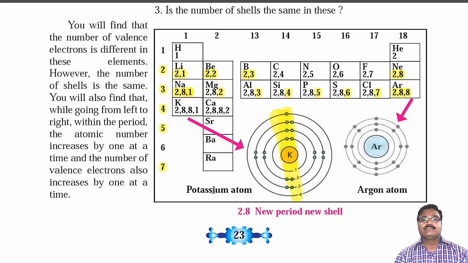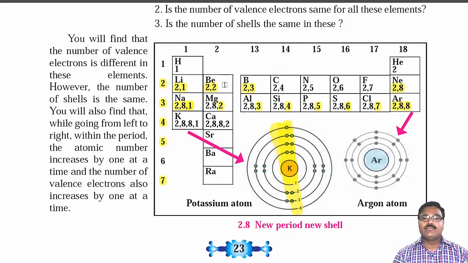As we move down the group, you can see the number of shells goes on increasing. That means the distance between the nucleus and the outermost electron goes on increasing, and as distance increases, it is easier to donate the electrons, and therefore as we move down the group, metallic character goes on increasing.